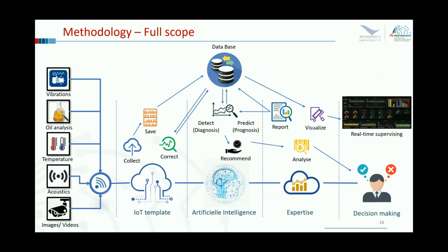First, data is collected from different sensors that can be exploited and used to determine recommendations for the deciders. As you can see here, the collected data can be either vibration, oil analysis, temperature, or acoustic data, or even images and videos. And this data needs to be corrected, pre-processed and saved into the database.